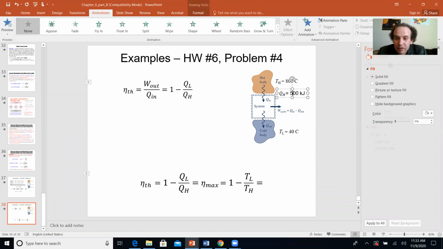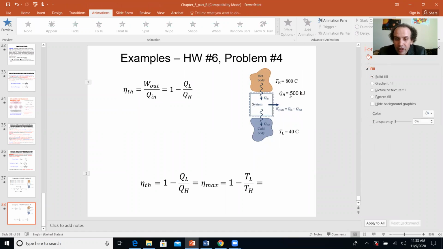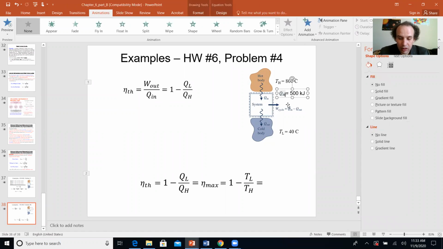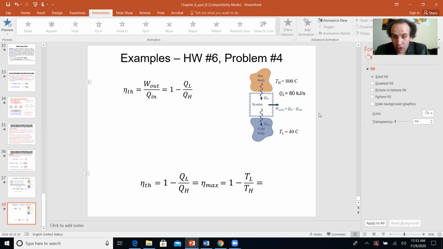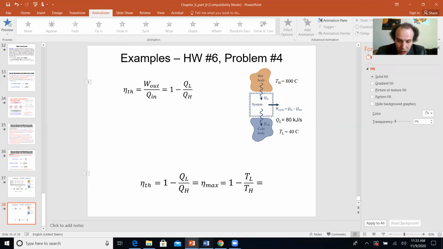And the only difference is that it will not be QH, it will be QL, which is 80 kilojoules per second, per unit time. So it will not be QL, it will actually be QL dot, right? And it will be here, correct? Exactly the same question in your homework.